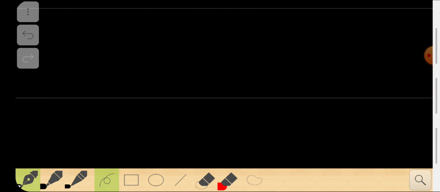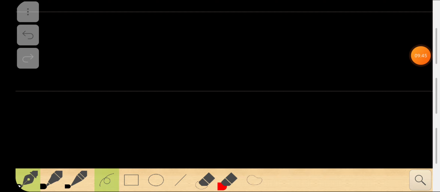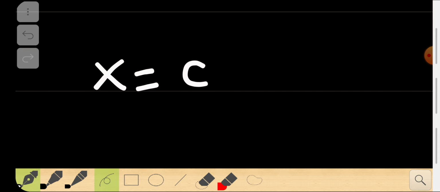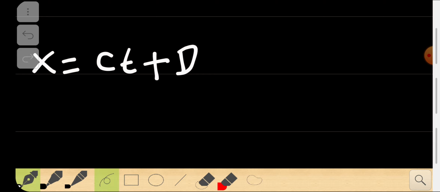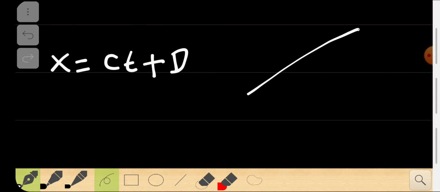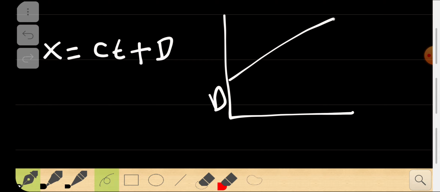You can write x equal to some constant c times t, plus some constant d. This equation is the equation for a straight line, with the starting point d and the slope c.